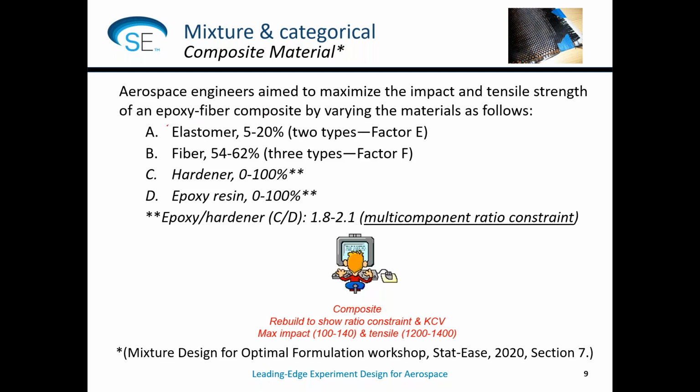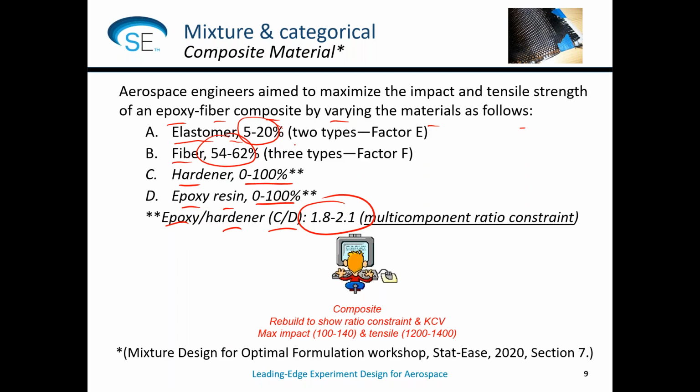So this one was an epoxy fiber composite, and they had a differing range of elastomer and fiber. And then they also had hardener and epoxy resin, which we're just letting float when we enter it in. But we have a multi-component constraint to make sure that this epoxy to hardener ratio, C to D, stays within a certain range. So this is a well-crafted experiment using tools in Design Expert.